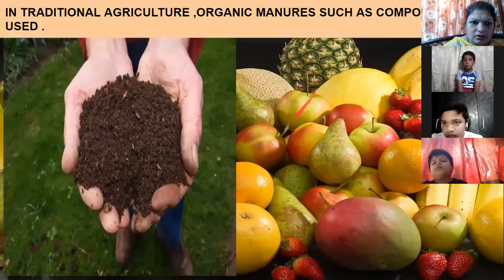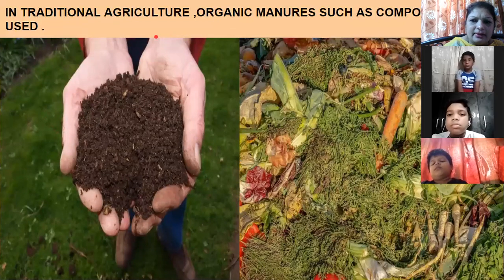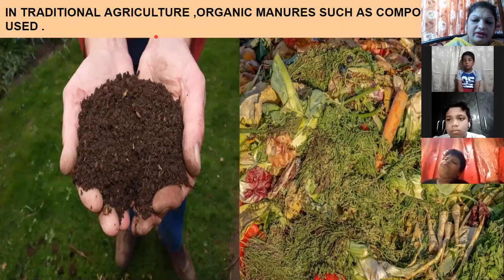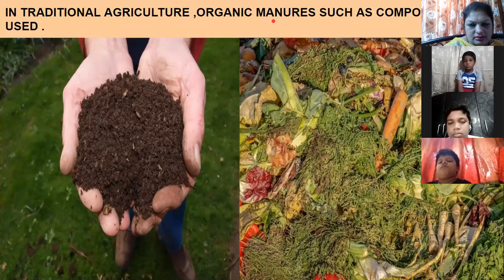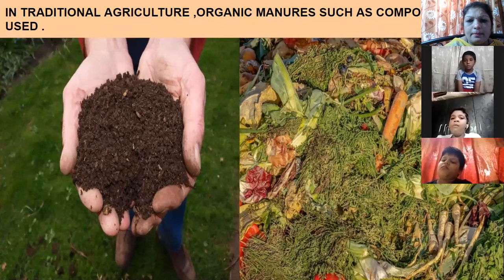Now, in traditional agriculture, that means when we are using natural fertilizers, organic manures such as compost were used. What is the organic manure here? Compost. And I told you how compost is made.